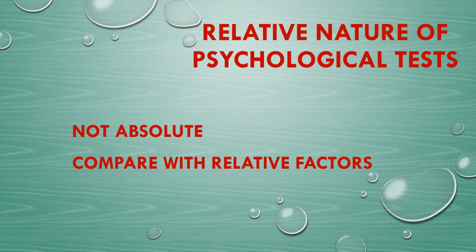And out of 200, the first rank holder, A, obtained a 140 IQ score, the second rank holder B got 130 and the third rank holder C got 90.